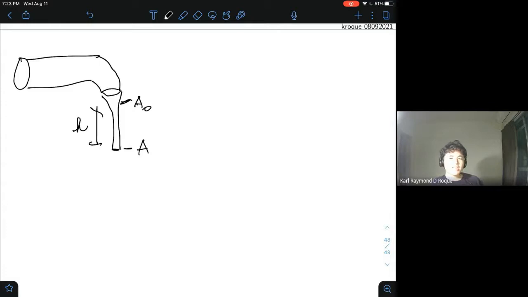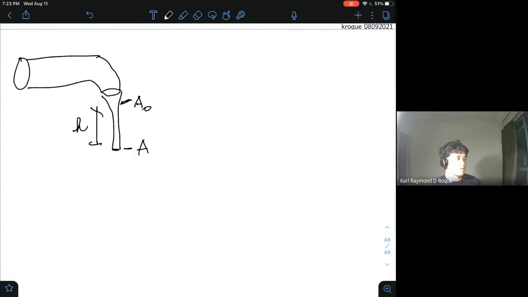Napansin niyo bakit yung tubig kapag pababa siya na pababa, paliit, no? Kasi habang bumababa yung tubig, may gravity, so bumibilis yung flow ng tubig. So liliit yung area na sakop niya.